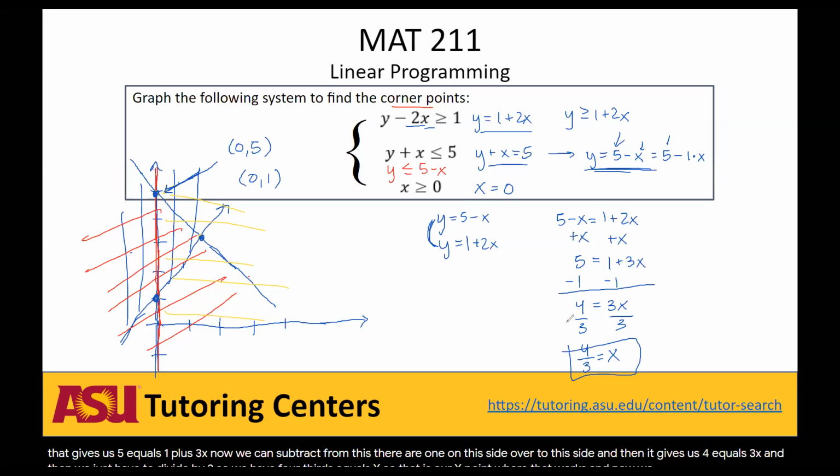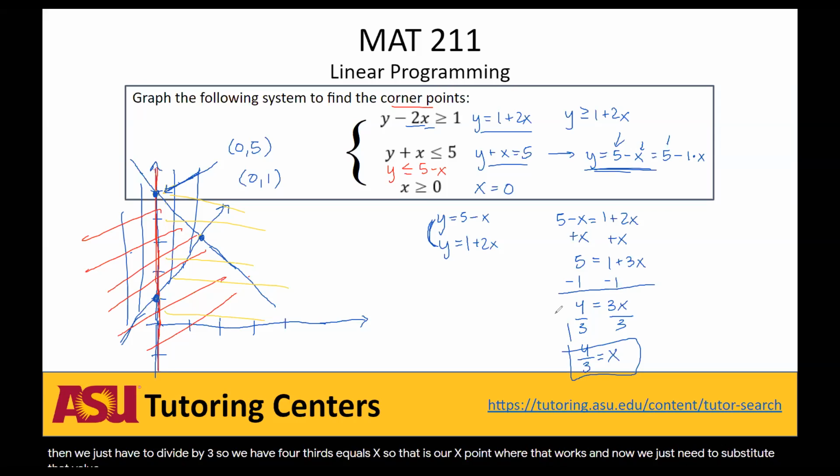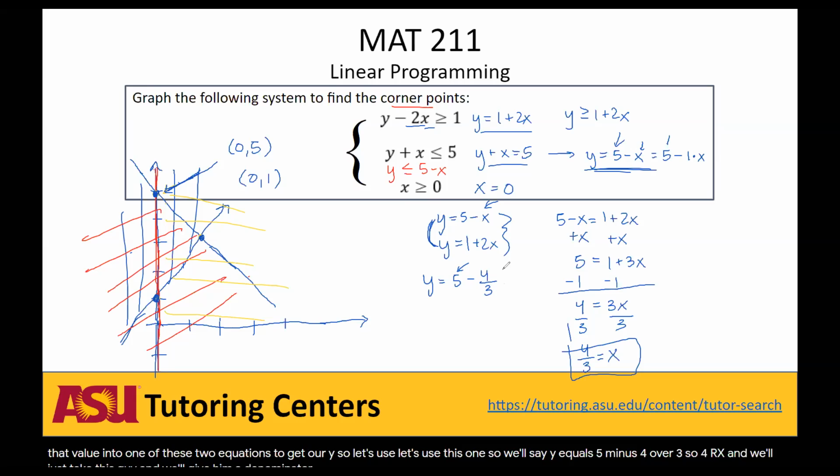And now we just need to substitute that value into one of these two equations to get our y. So let's use this one. We'll say y equals 5 minus 4 over 3, for our x. And we'll just take this 5 and give it a denominator of 3 by multiplying by 3 over 3.